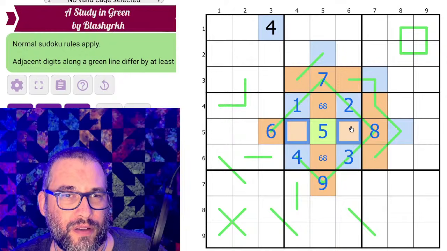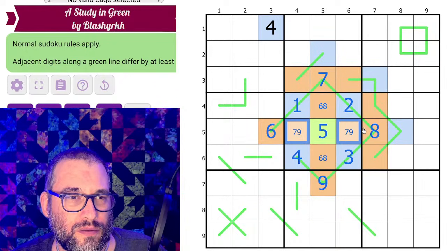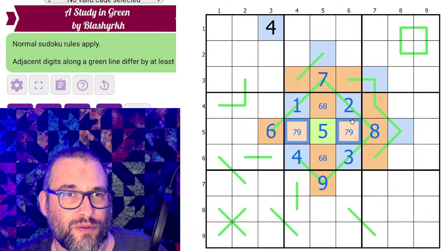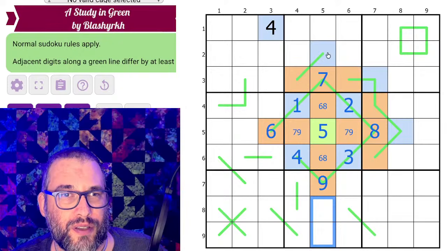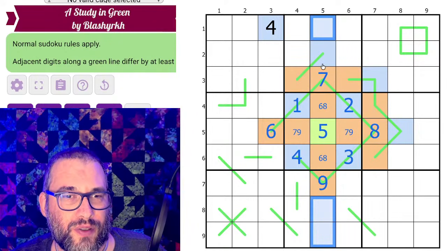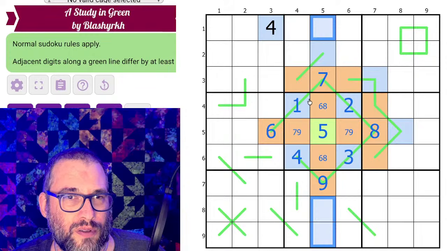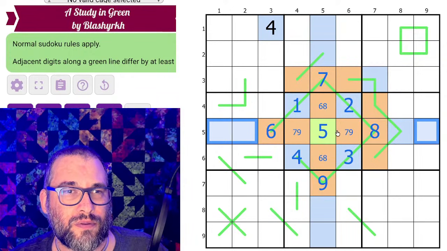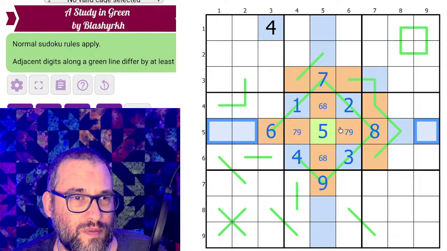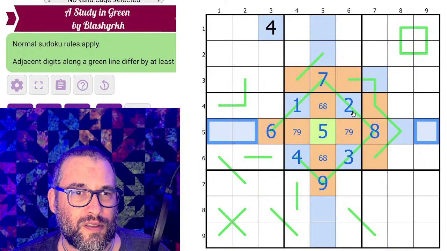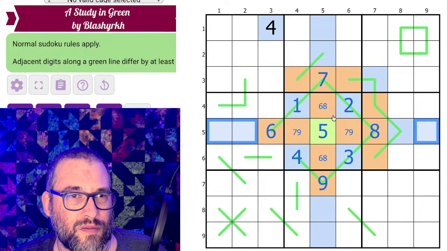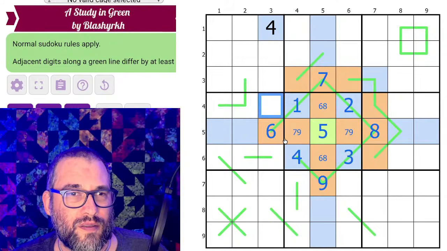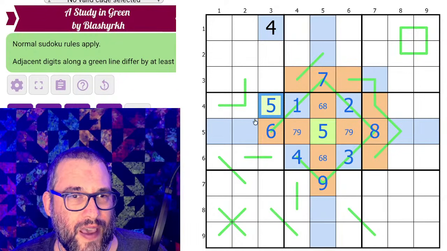The rest of column 5 is just low. The rest of row 5 is low. That's 5.